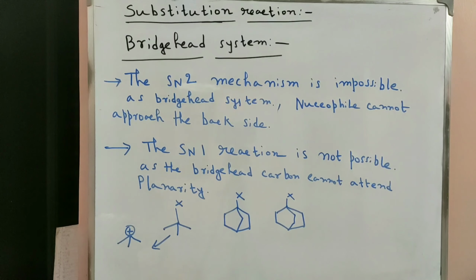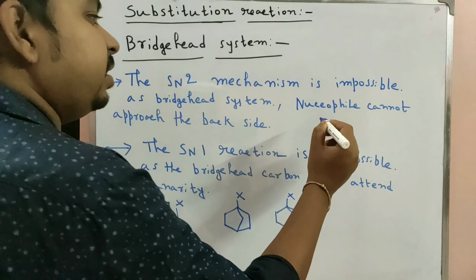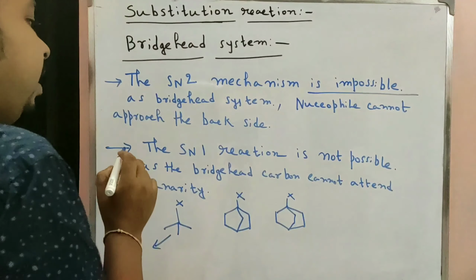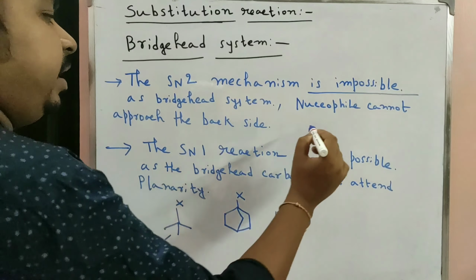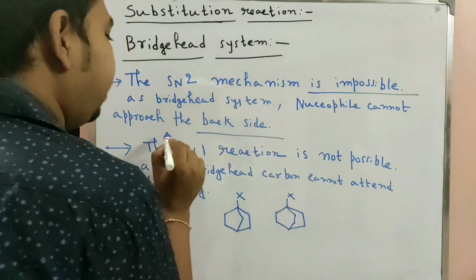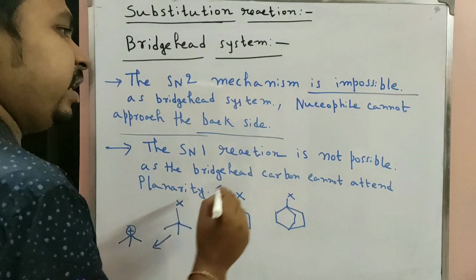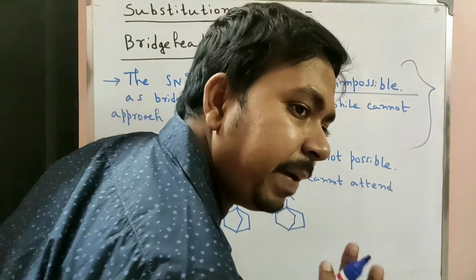So now we discuss the bridgehead system. In this case, the SN2 mechanism is impossible because in a bridgehead system the nucleophile cannot approach from the back side. The main reason is that the nucleophile cannot approach from the back side.